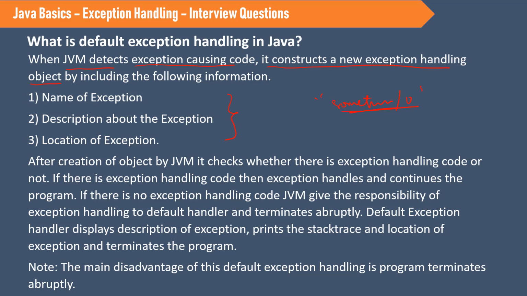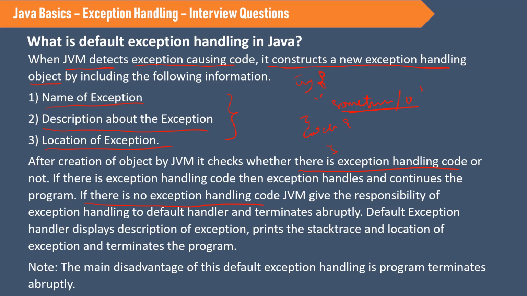So JVM by default constructs an exception handling object with name of the exception, description about the exception, and location of the exception. Once it creates the object, then it checks whether there is an exception handling code or not. That means it checks whether we are handling the code with a try catch block or not.